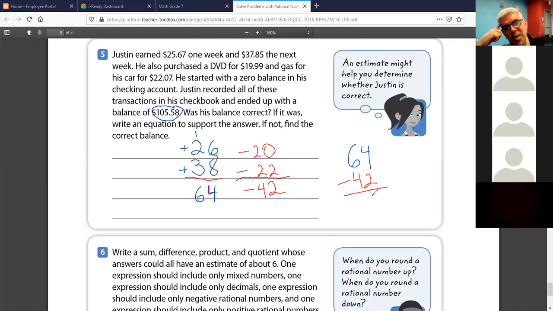So my answer is going to be in blue. 4 minus 2 is 2, and 6 minus 4 is 2. So I should approximately have $22.